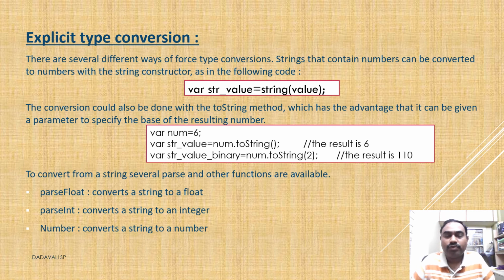You know already in Java programming, initially whatever value you enter through keyboard input devices is accepted as a string. Then you must convert it into a number, depending upon the program. So you can convert using parseFloat, parseInt and Number. These are all the explicit type conversions from one type to another.